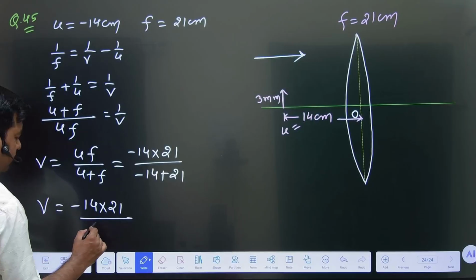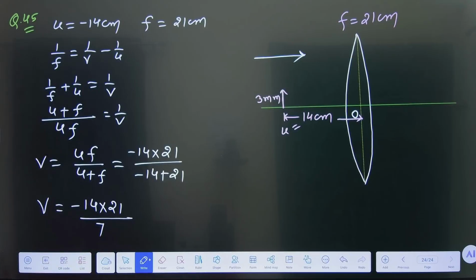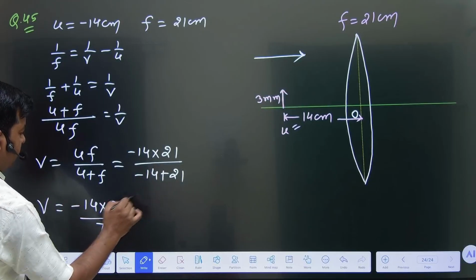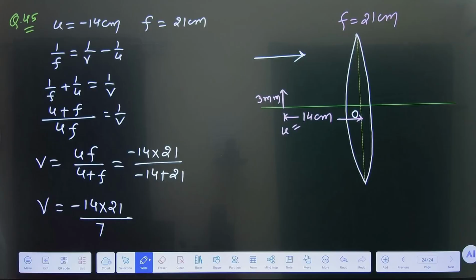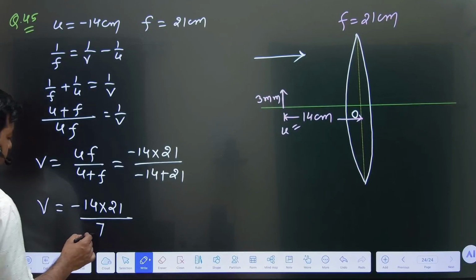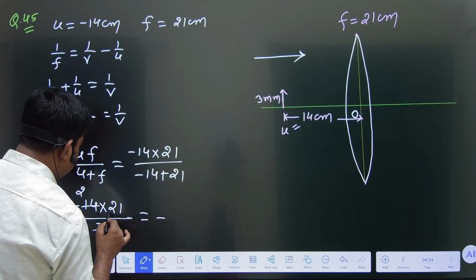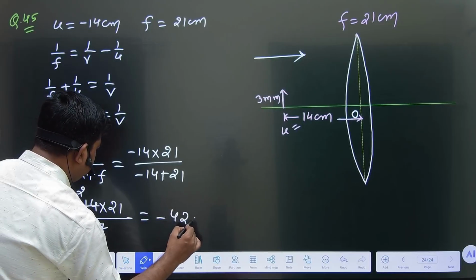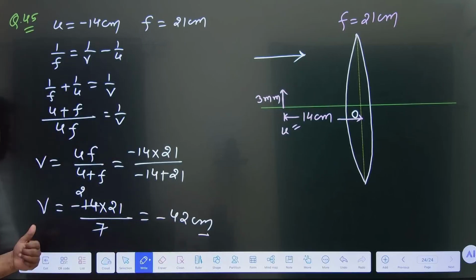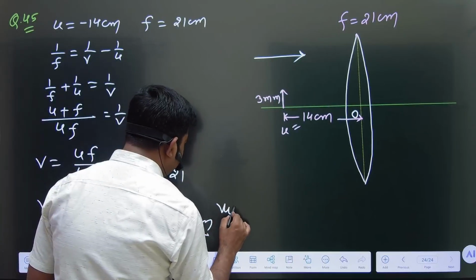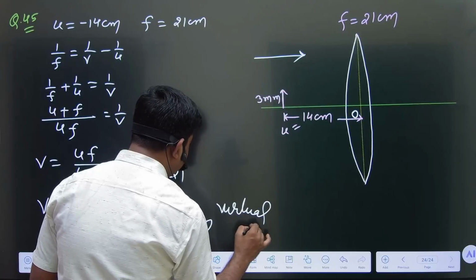So this is plus 7. Clear to you? Okay. Now we have to write here 7 to the 14. So v equal to minus 42 centimeter. And v is negative. So image is what? Virtual. In this situation, image is virtual.